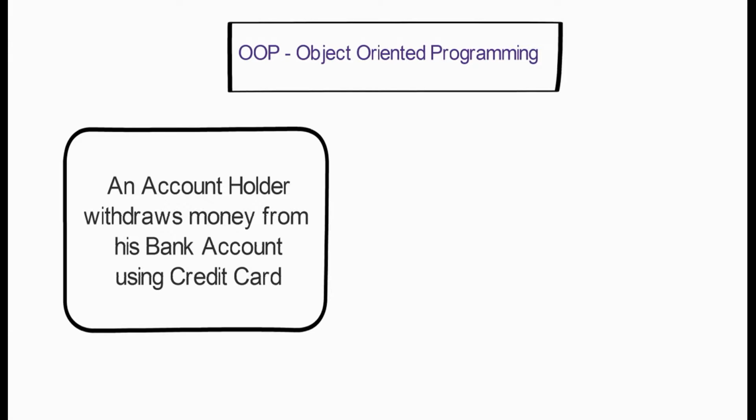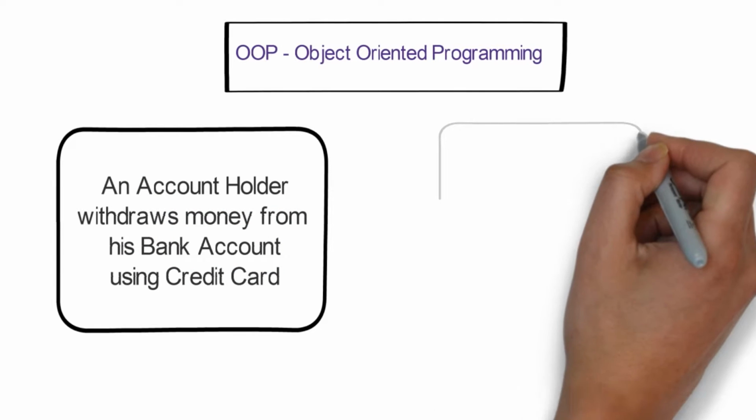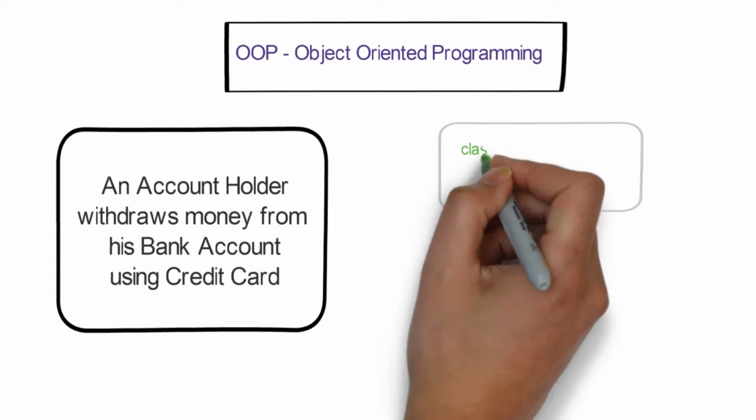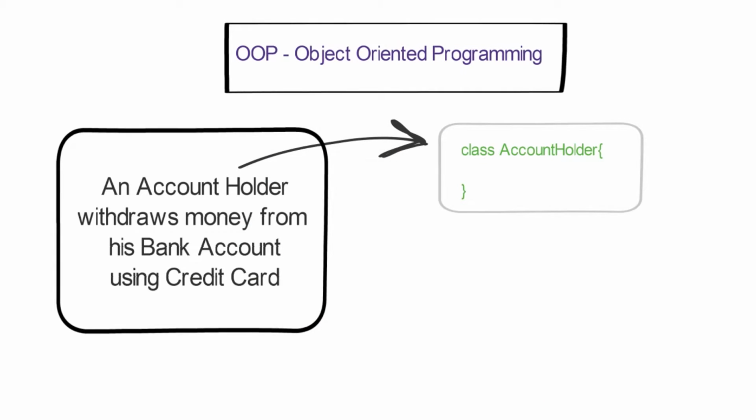Account holder, bank account, credit card. Those are the three nouns we can identify in the scenario. So for each and every entity, we create a separate class: a class for account holder, a class for bank account, and a class for credit card.